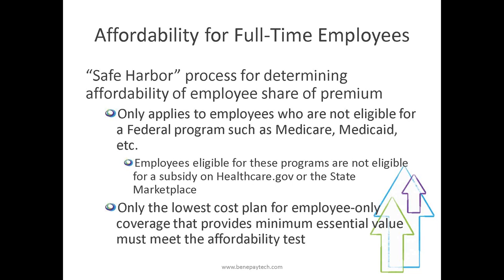For the safe harbor calculation, only your lowest cost plan of employee-only coverage that provides minimum essential value must meet the affordability test. So we're not looking at our family plan. We're just looking at employee-only coverage and the lowest cost plan.